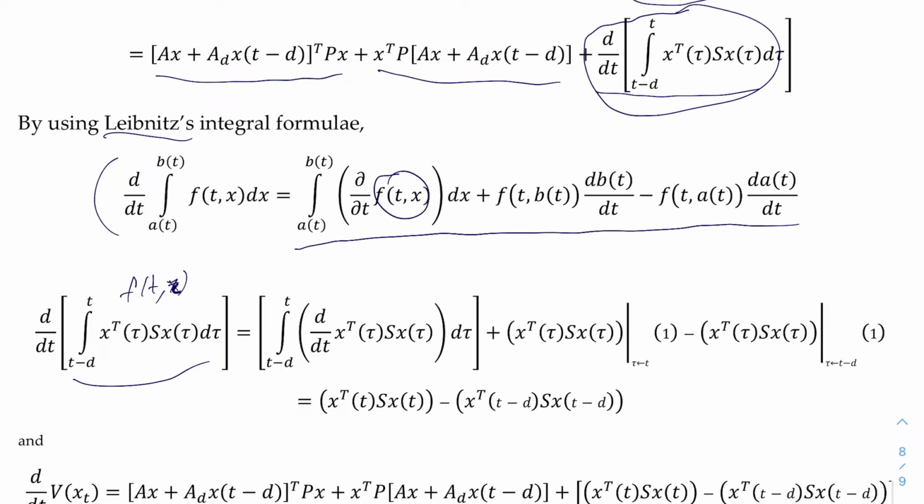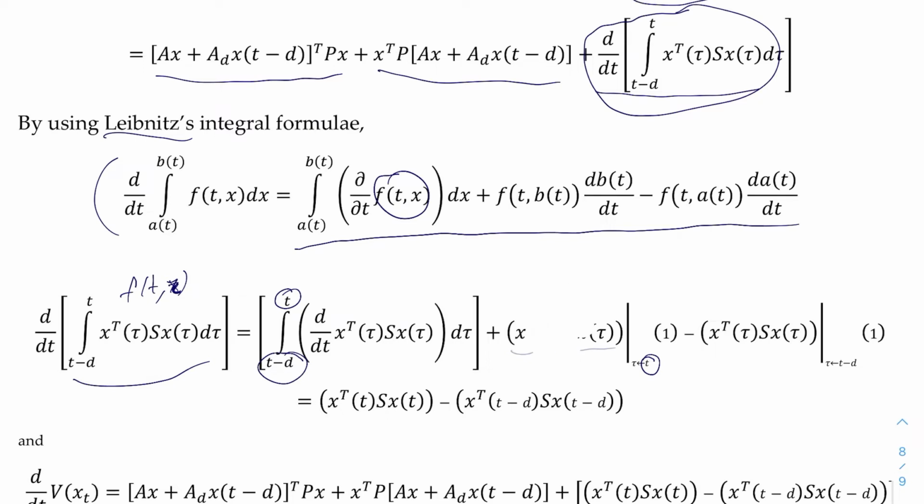Other than that, it is exactly the same. For example, this is b of t, this is a of t, and we just substitute each term here. This is f of t, right? And instead of tau, we write t here. Maybe you can see that.